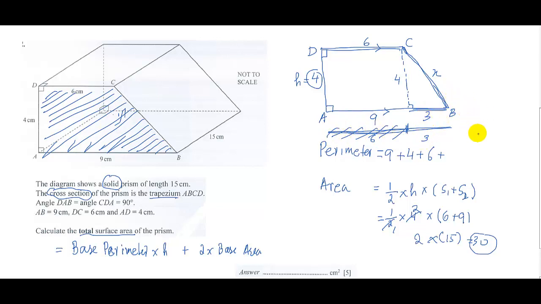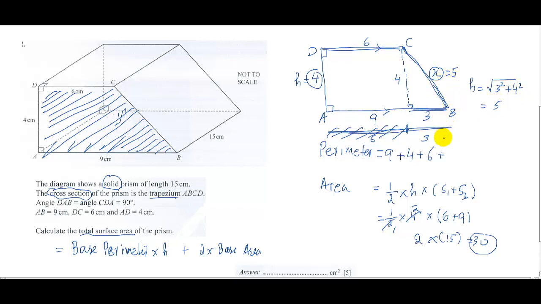Now using Pythagoras theorem, this is the hypotenuse, so it is the square root of 3 squared plus 4 squared, and it will be 5. So this length is 5.